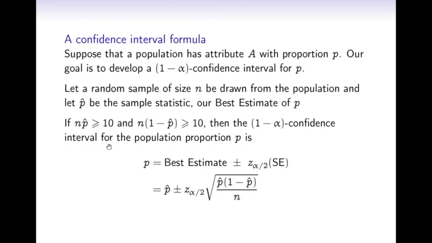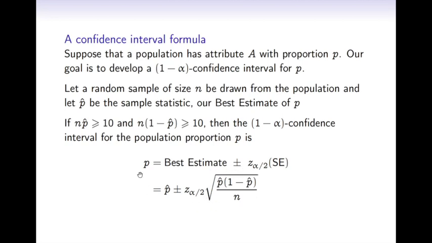So here's what we do. We compute n times P hat, and we check that it's bigger than or equal to 10, and that n times 1 minus P hat is greater than or equal to 10. This is our validity check for normality. Then the 1 minus alpha confidence interval for the population proportion P is, as we said in the previous slide, best estimate plus or minus z cutoff times SE, but now we can replace SE in this specific case by this formula.